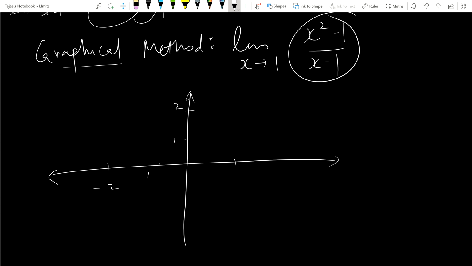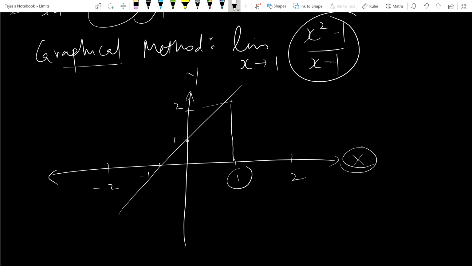So the graph would be crossing here, 1 and minus 1. So if you put x equals to 1, this is the x-axis. Alright, so if you put x equals to 1, the graph goes almost to this point here.